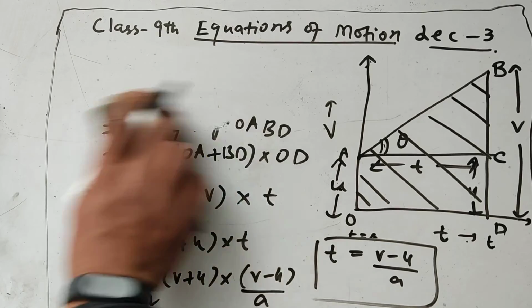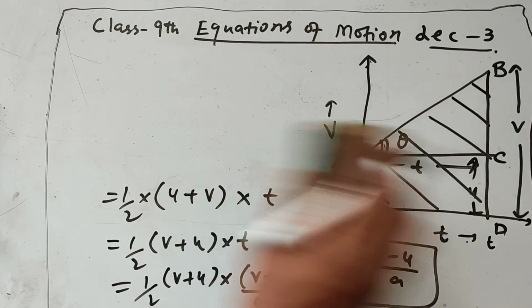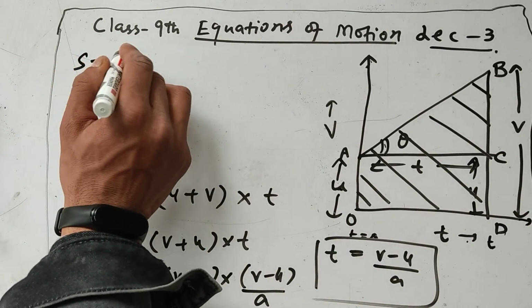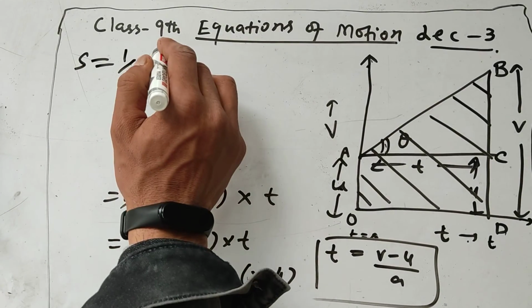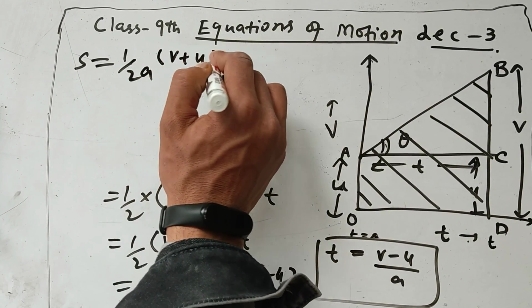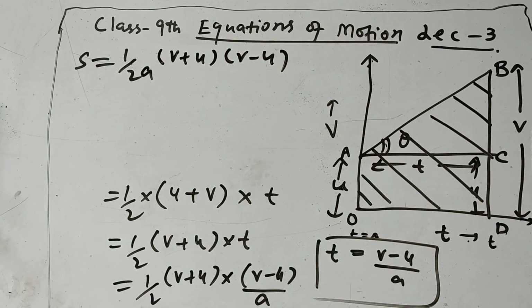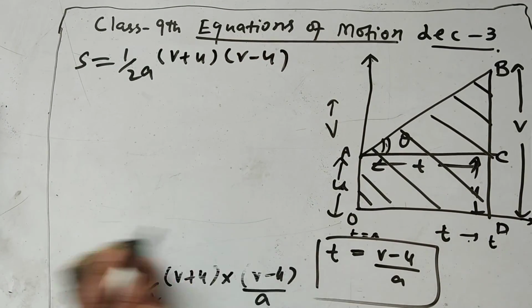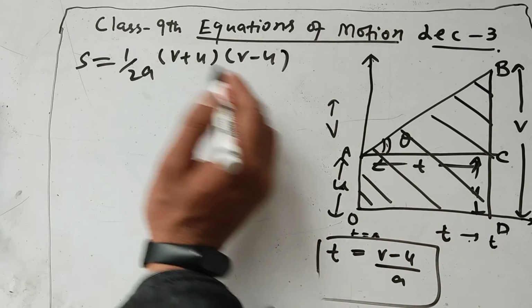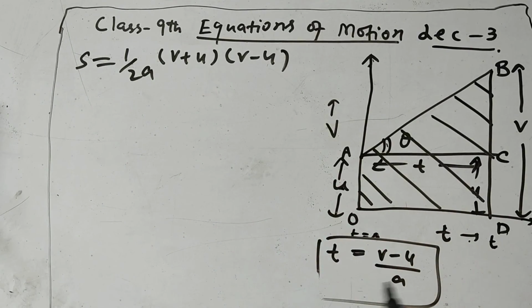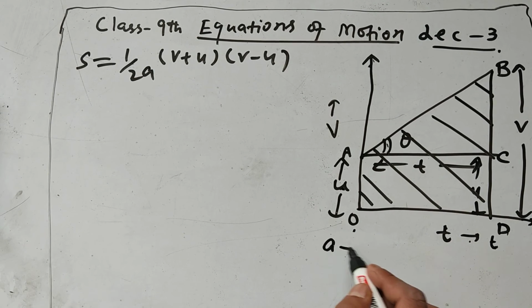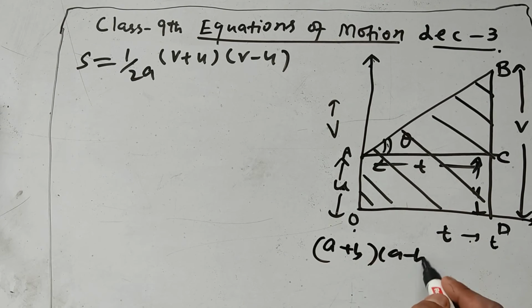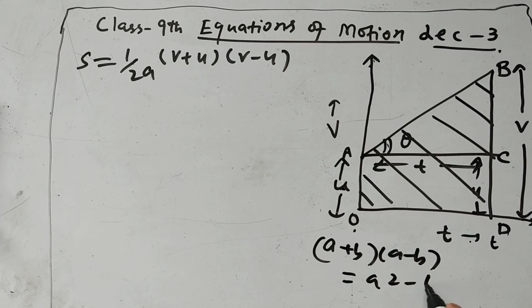Now S is equal to 1 by 2A into V plus U into V minus U. This is the basic identity of mathematics: A plus B into A minus B is equal to A square minus B square.